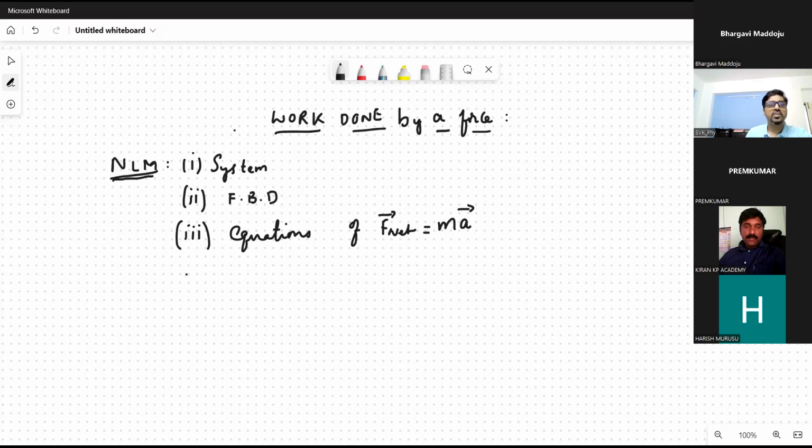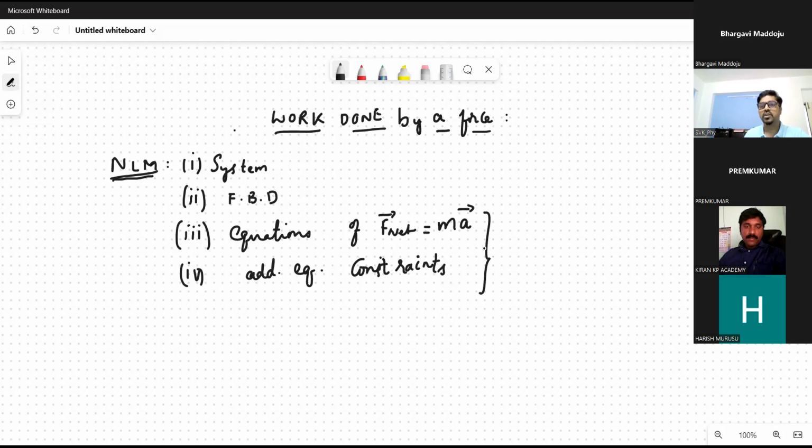Suppose the equations are not enough, even after exhaustively using Newton's laws, then you go for additional equations by using constraint equations, constraint motion. You have wedge constraint, you have string constraint, and so on. So use constraints to get additional equations.